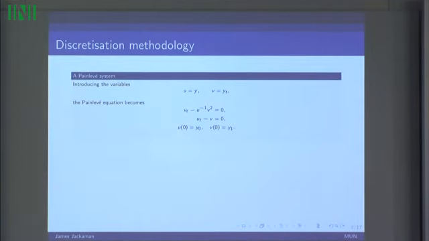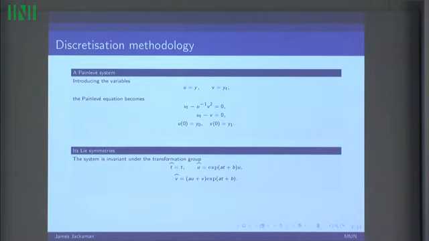Now let's go back to our example, just to clarify what we're doing. We have our second order equation. If we replace y with u and yt with v, then we can rewrite our second order ODE as the following first order system. And this first order system is invariant under the following group transformation.